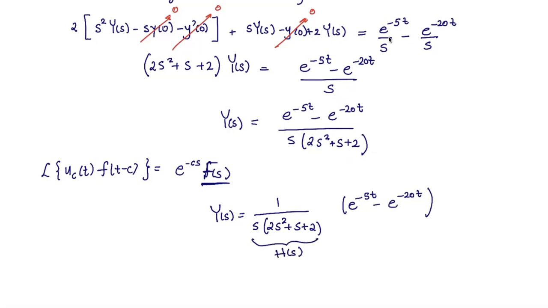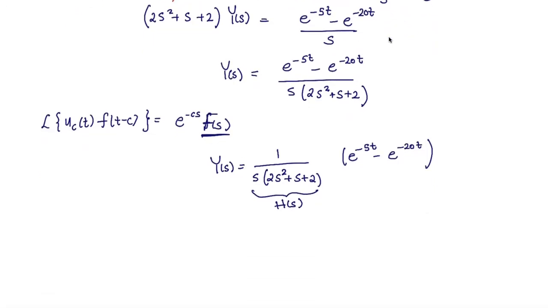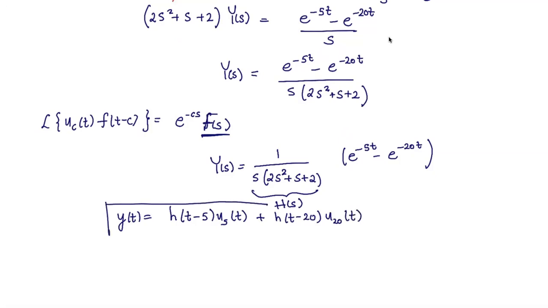And our goal right now is to find h(t), since we know that the final function y(t) is going to equal whatever this h(t) is, shifted by 5 times u sub 5 of t, minus h(t) shifted by 20 times u sub 20 of t. It will be the same h function that I'm going to employ for both of those, since that is what's going on in here with my two e functions.